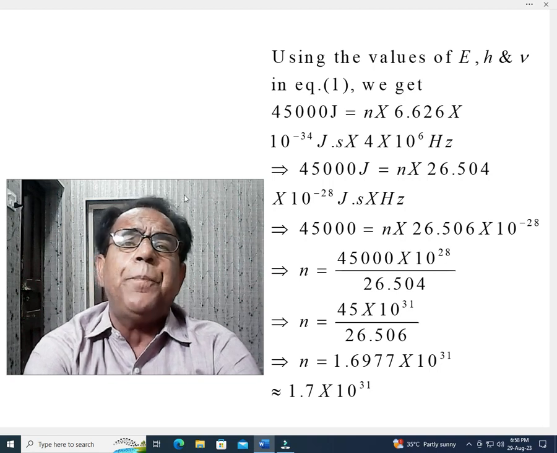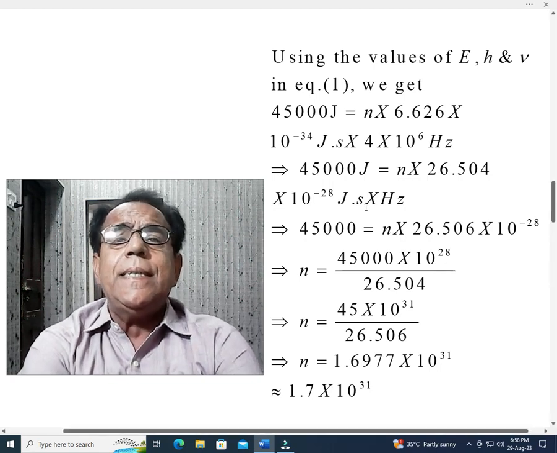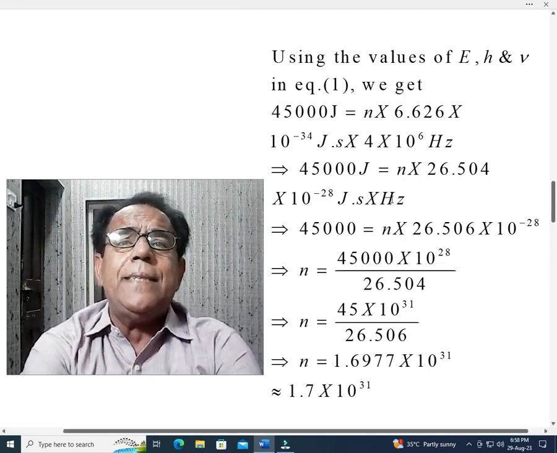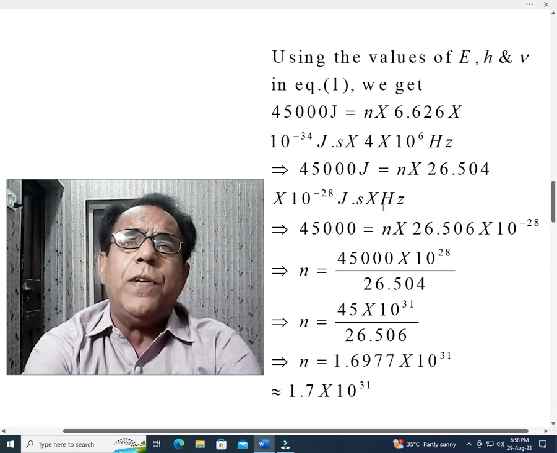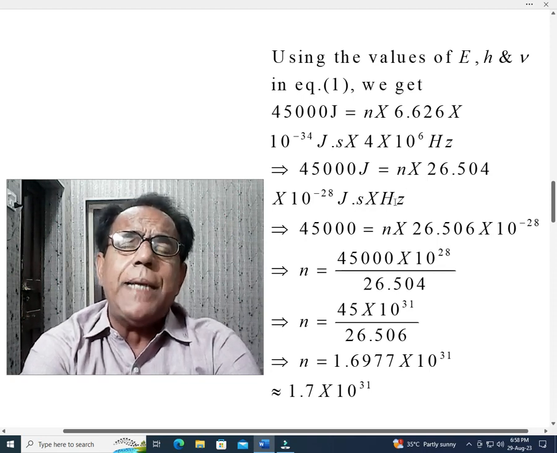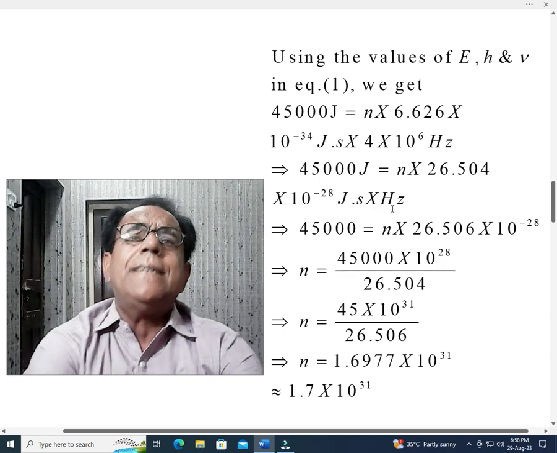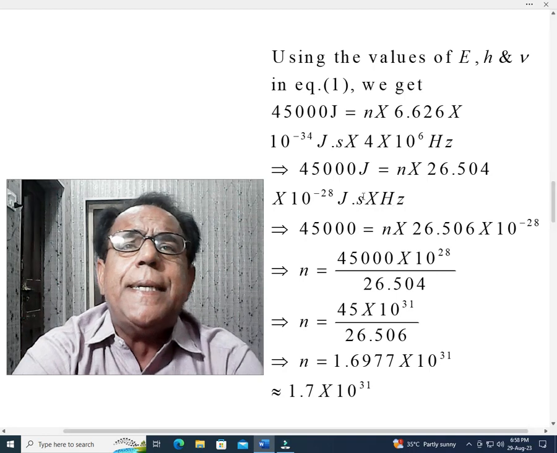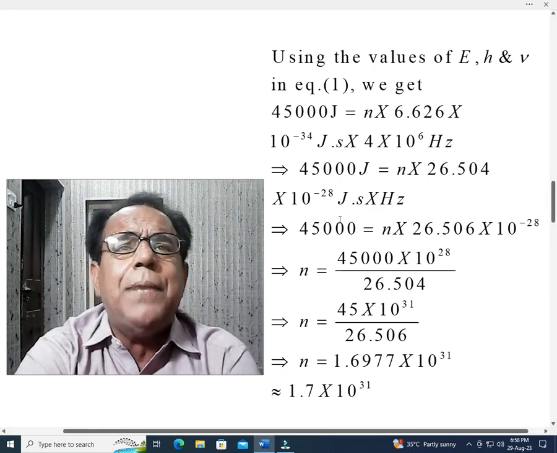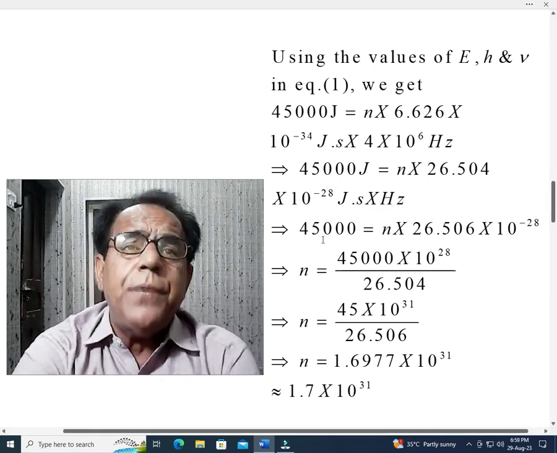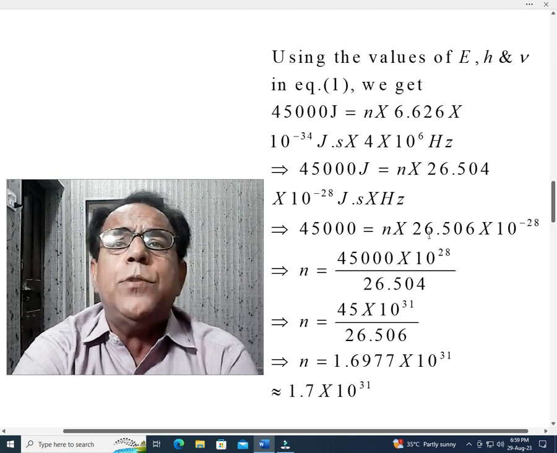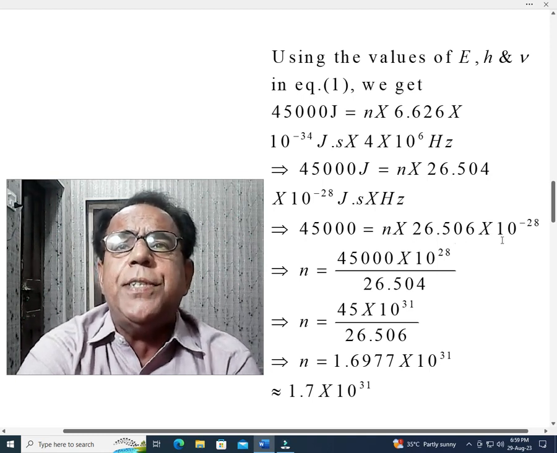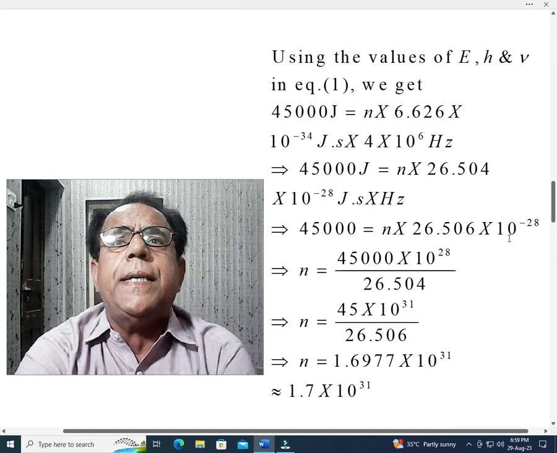Next, hertz has units 1 over second, so second will be cancelled with 1 over second or second inverse. So joule is eliminated and second is also eliminated, and we will get only 45,000 equal to n into 26.506 into 10 raised to the power minus 28.